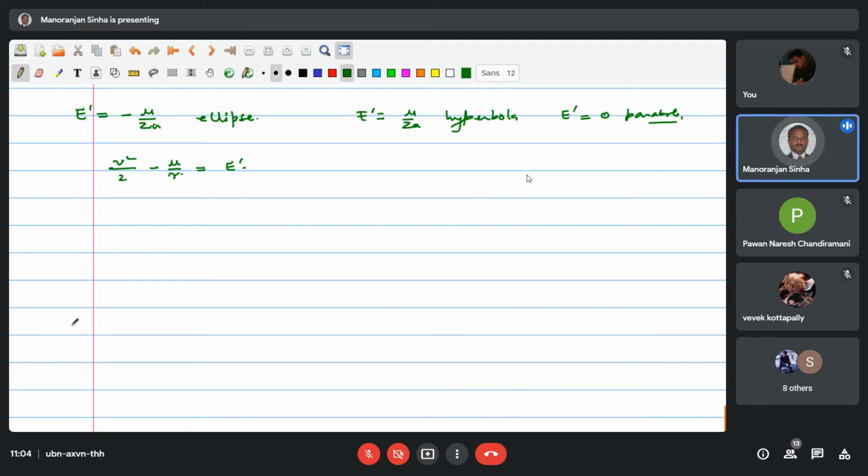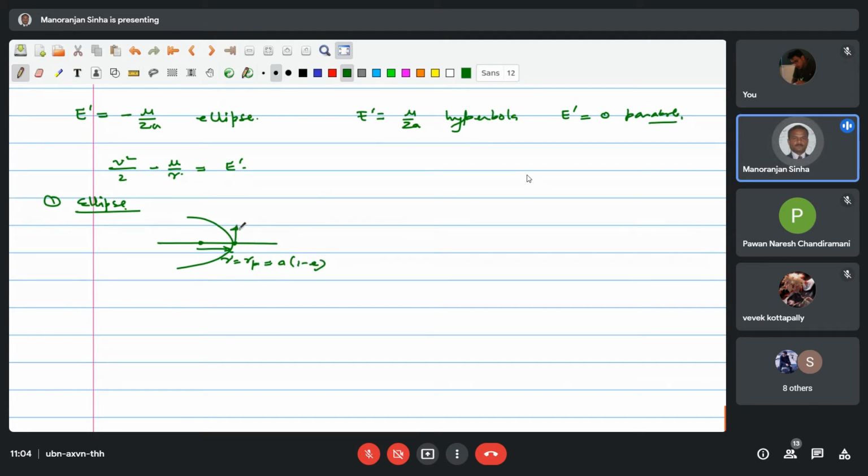One very easy way of evaluating this, for the case of the ellipse, is to just see that at the perigee position, you can write this r as r perigee, which is equal to a times 1 minus e.